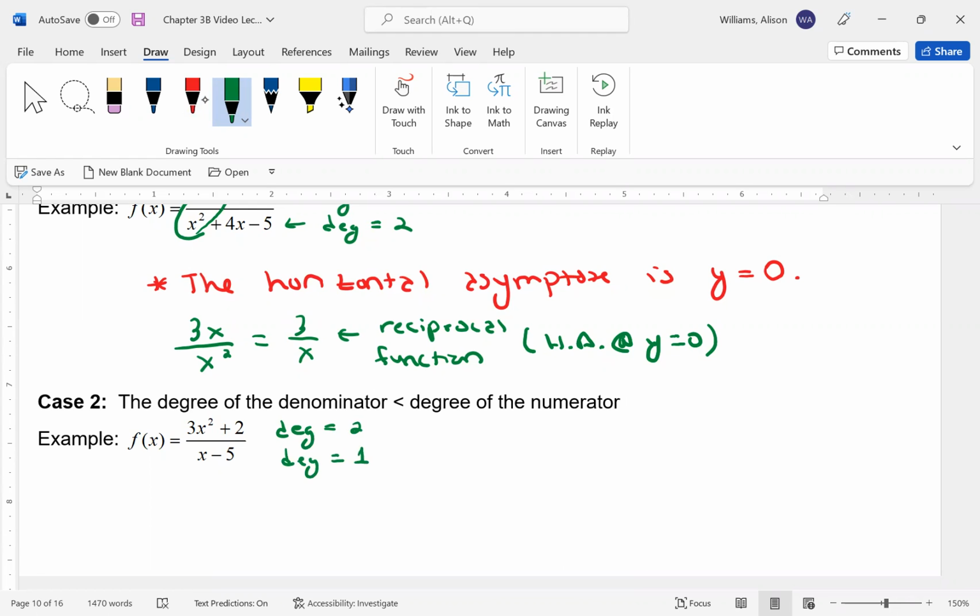Okay, so if I play the same game where I take the leading terms of the 2 polynomials and reduce them, I get 3x. And 3x has no horizontal asymptote at all. 3x is just a line. So in the case where the degree of the denominator is smaller than the degree of the numerator, there is no horizontal asymptote.